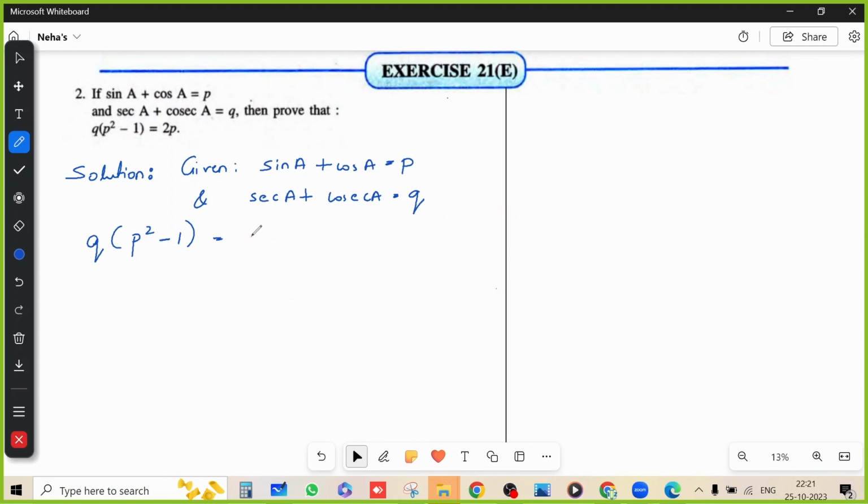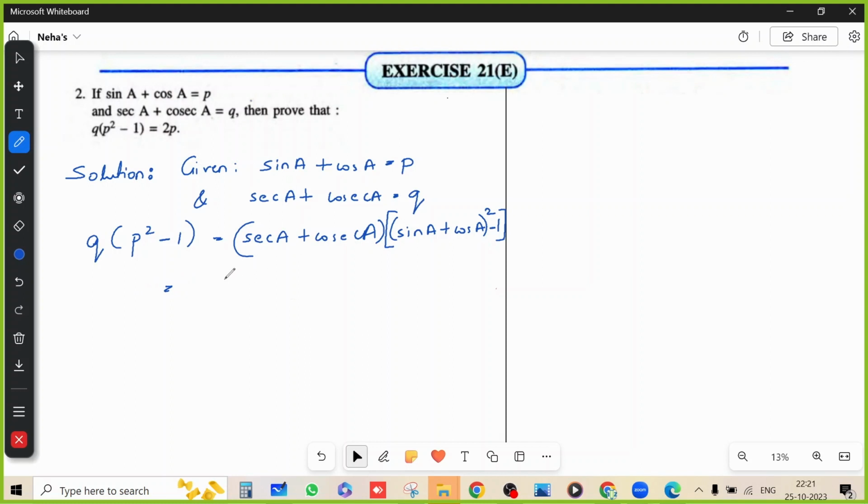So it would become sec A plus cosec A into sin A plus cos A whole square minus 1.